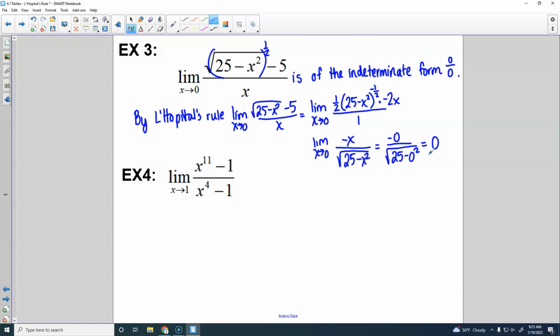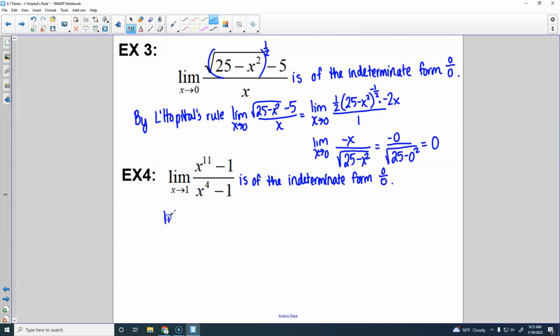I guess you'd have to do synthetic division, which has been a long, long time ago, and we don't want to get into that, right? So if I plug in 1, I get 1 minus 1, which is 0. So it is of the indeterminate form 0 over 0.